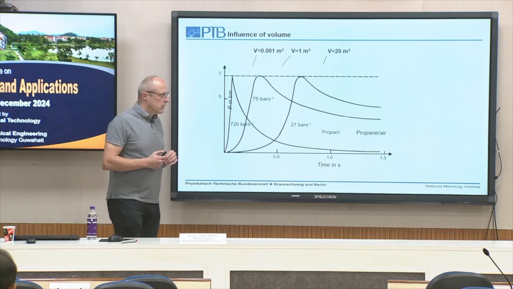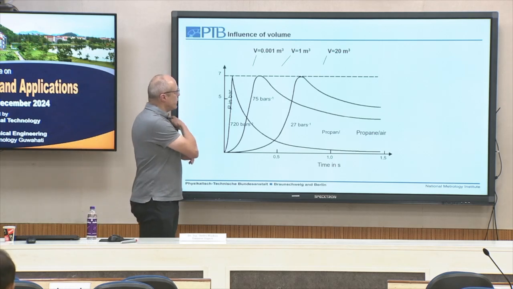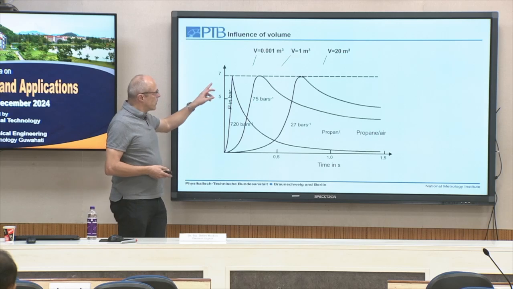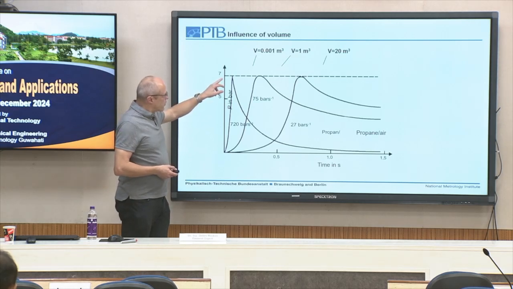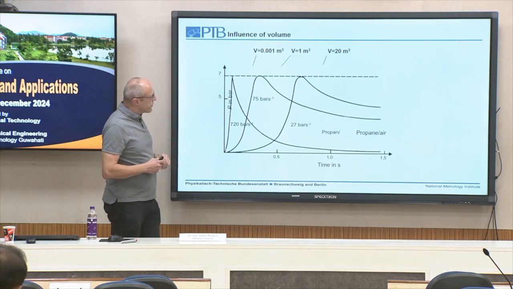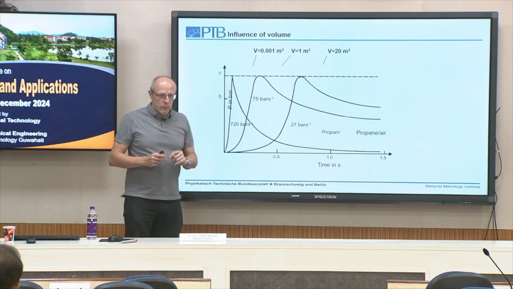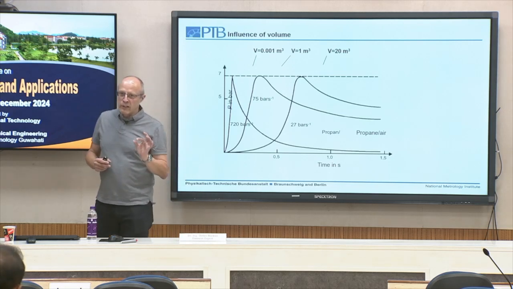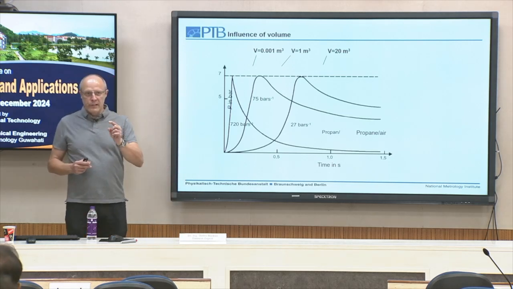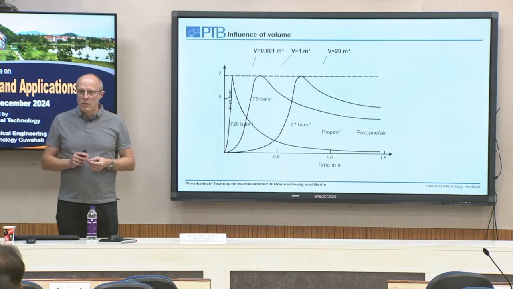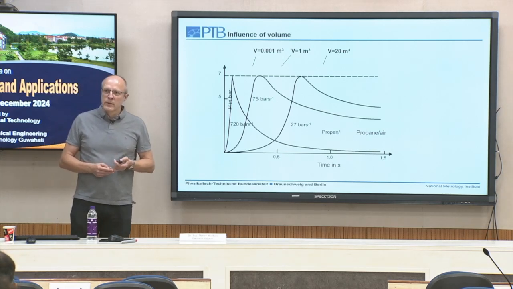And there is nearly no influence. Of course, when we have really small volumes, we will see some cooling effects from the wall. But for hydrogen, this is far below 1 cubic centimeter.